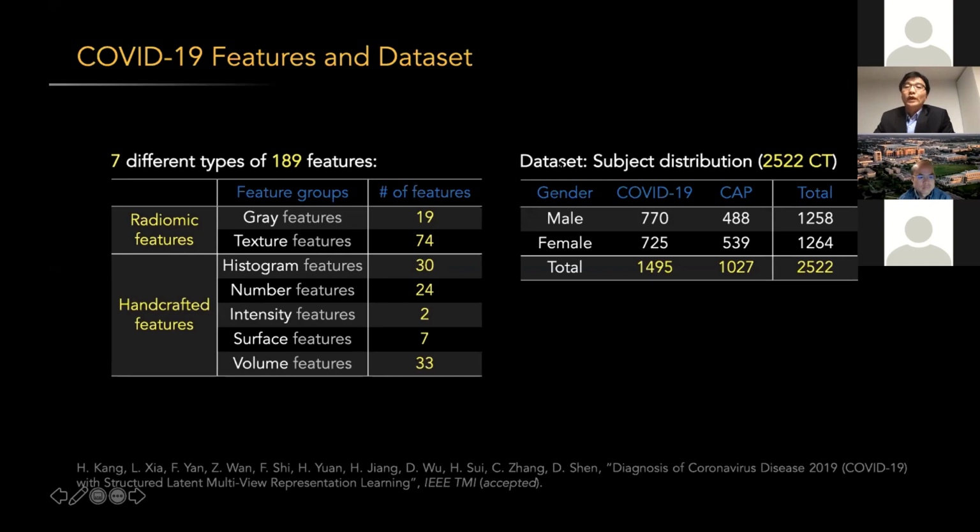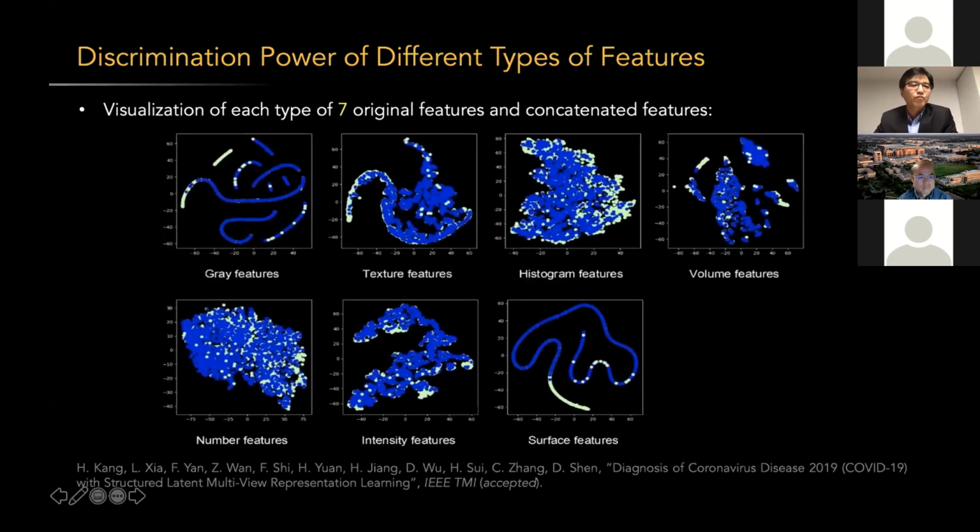Then we apply our techniques on 2,522 CTs. For the COVID-19, we include a little bit more than 1,400, and for CAP, we have a little bit more than 1,000. So this is the dataset for this algorithm, for this paper recently accepted by TMI.